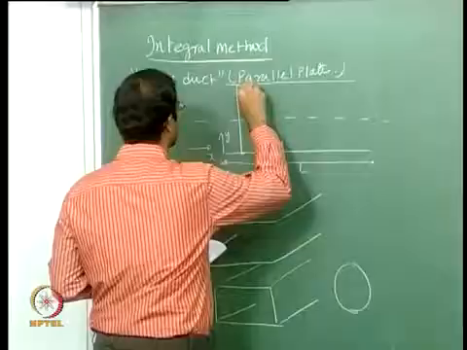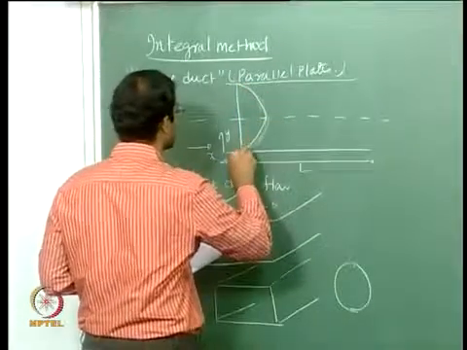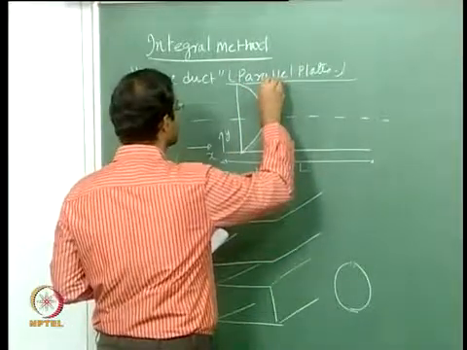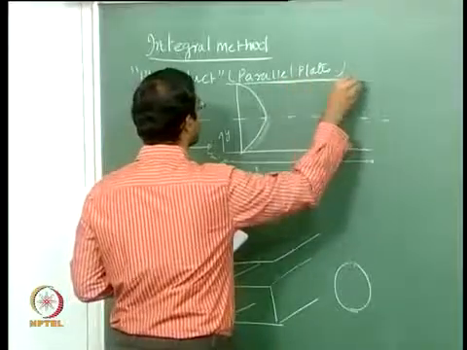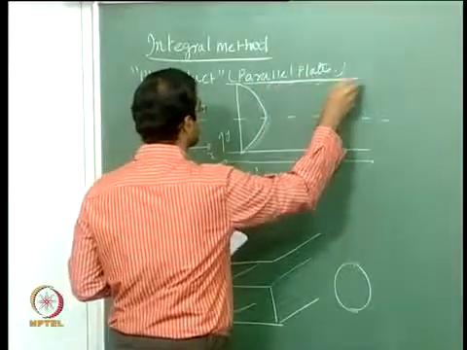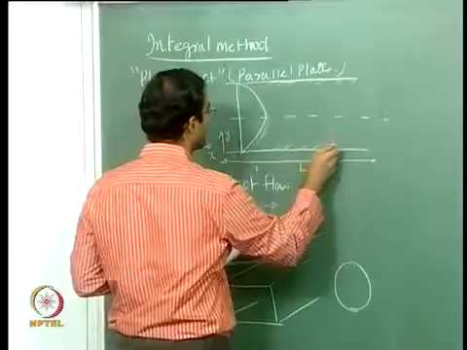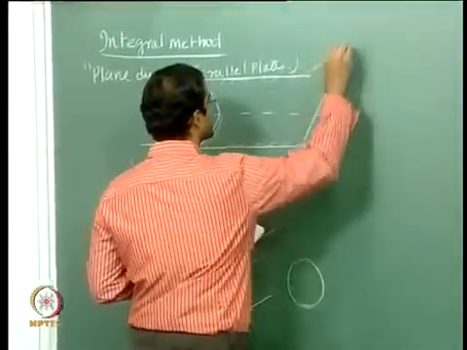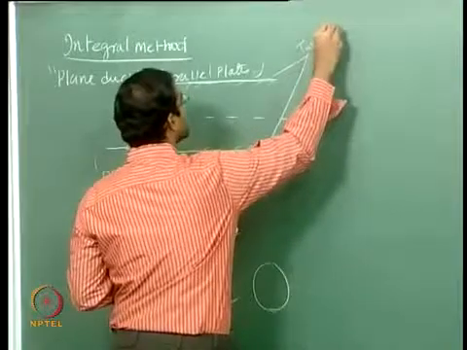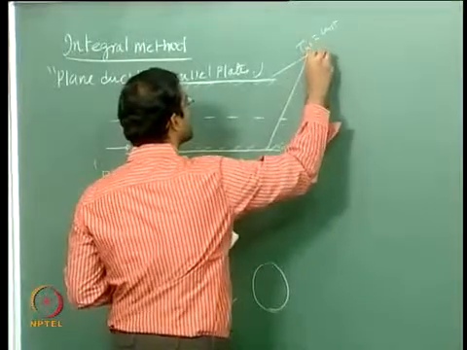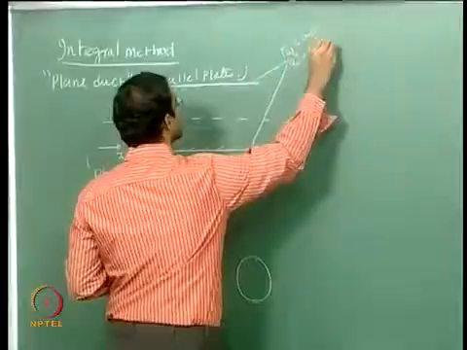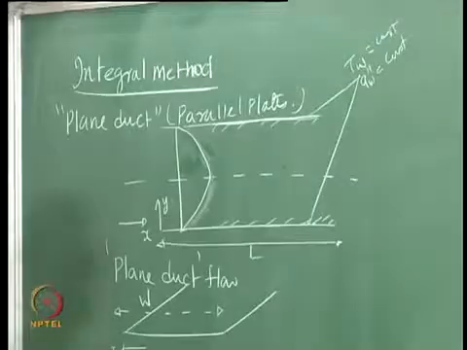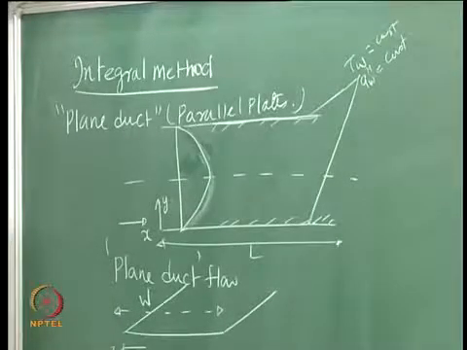It will be perfectly parabolic. And now if you start heating your plate from a certain location, okay, so either I can maintain a constant wall temperature or constant flux, and you can see that the thermal boundary layer will start developing.